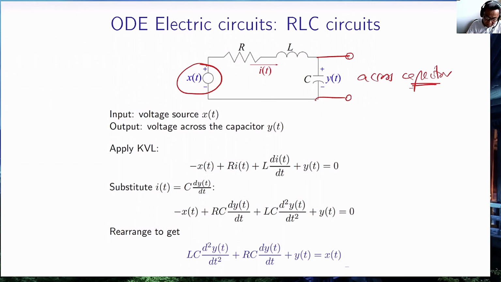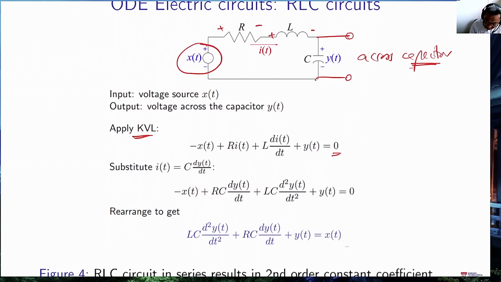Alright, let's write Kirchhoff's voltage law first, which says that the voltages across the loop equal 0. We just make sure we get the signs right, plus and minus.